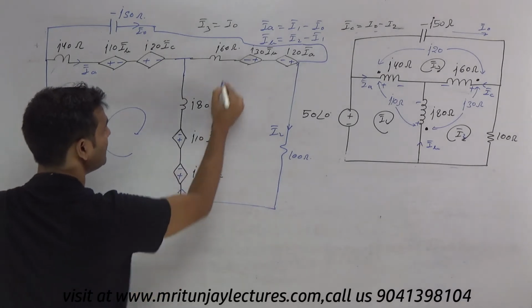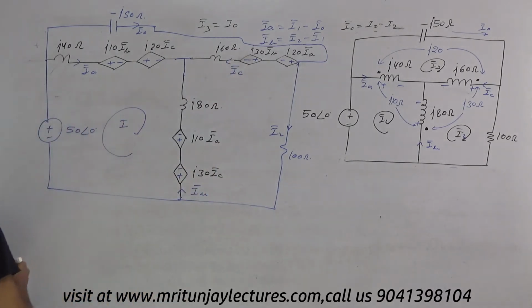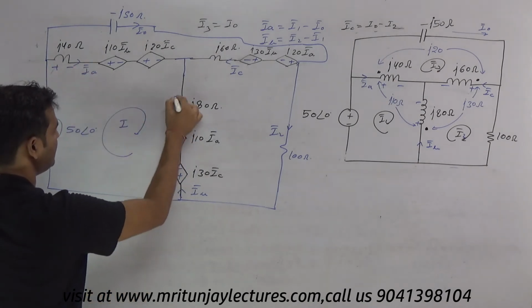and that is IB, and that is IC. Okay, apply KVL in this loop, the first loop, that is plus minus, and that is plus minus.